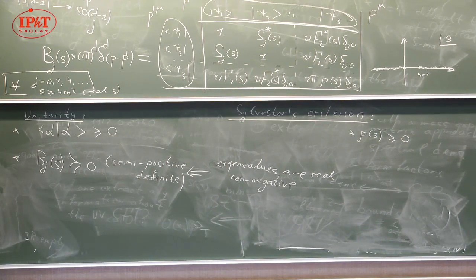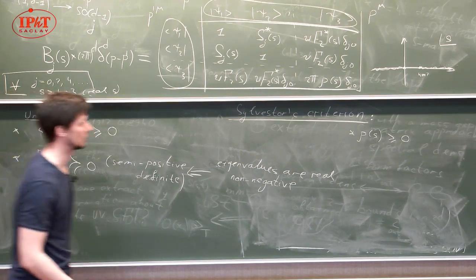So it's a useful object, and you can think in terms of it. In 2 dimensions, all the information is encoded in the discontinuity of this matrix, so you can parameterize the discontinuity instead of the S matrix.